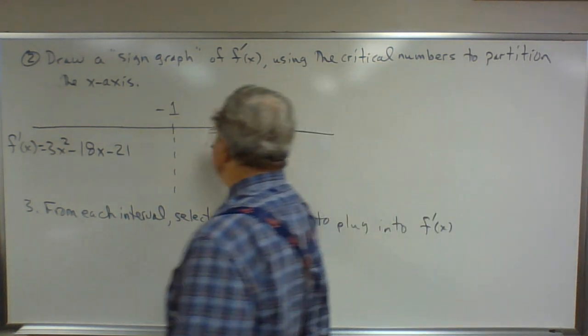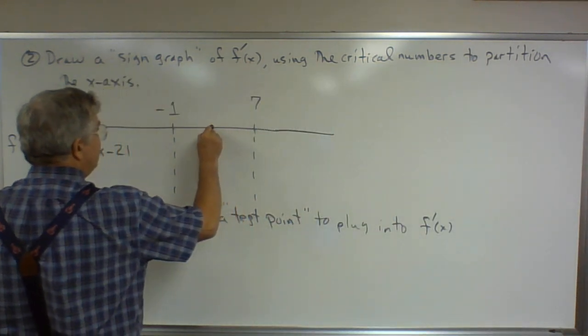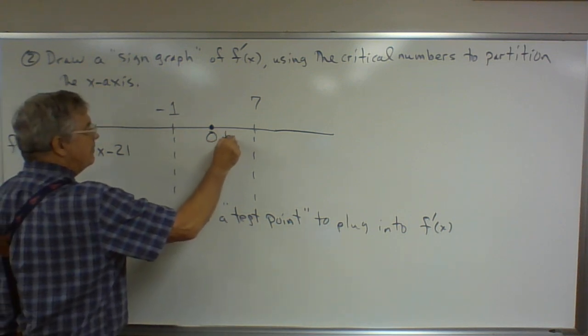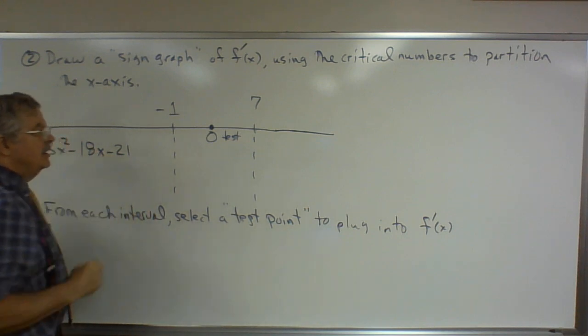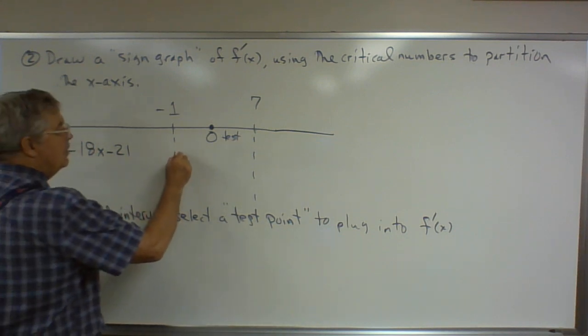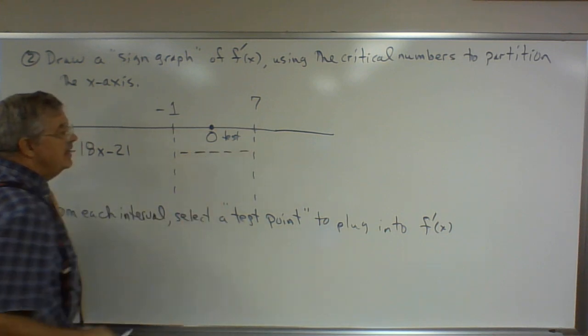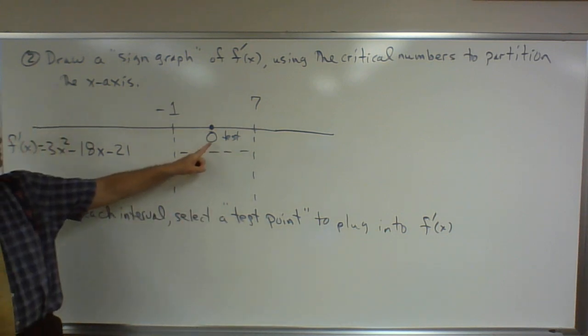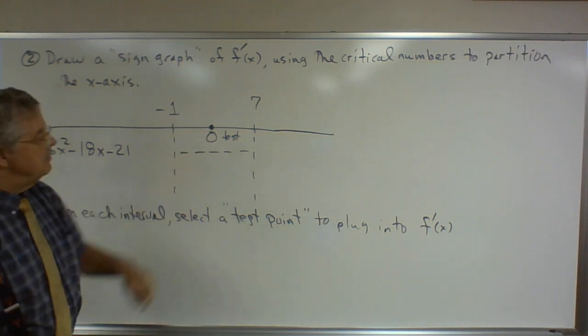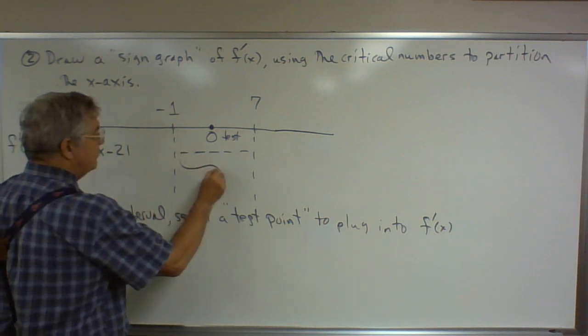I'll take the easy one first. 0, when we can get this as a test point, is always a good choice. Plug 0 into the derivative, we get -21. And since the derivative is equal to a negative number here at x equals 0, the derivative must be negative throughout this entire interval.